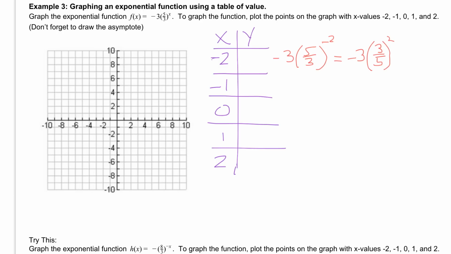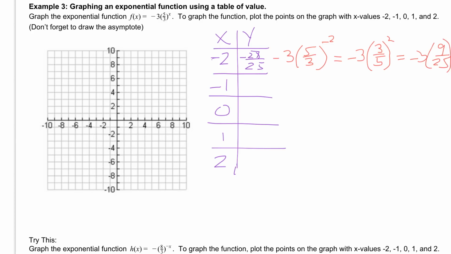Then we can put that exponent 2 on both the 3 and the 5, so we're squaring the 3 and squaring the 5. We get negative 3 times 9 over 25. If we multiply negative 3 times 9 over 25, we get negative 27 over 25. So in my table I'm going to write down negative 27 over 25.